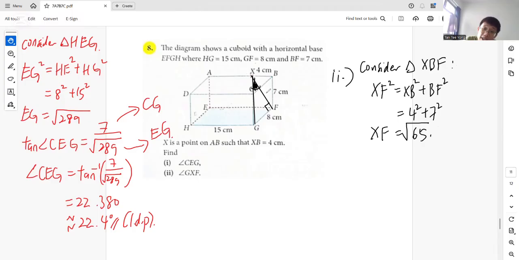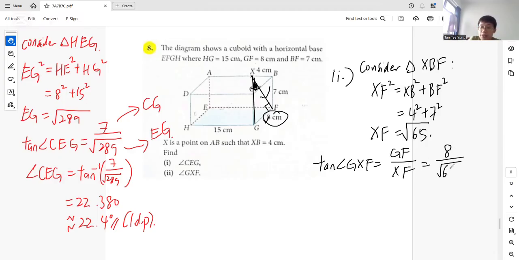Now we have XF, and we have GF, which is 8 also. So how do we find the angle here? Same thing, opposite over adjacent, we are using tangent. So tangent of angle GXF equals opposite, which is GF, over adjacent, which is XF. GF is 8, XF is square root 65.